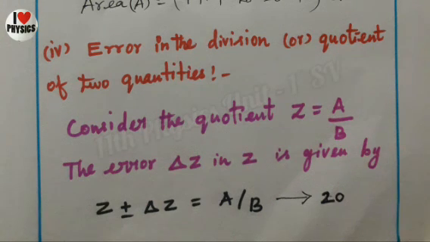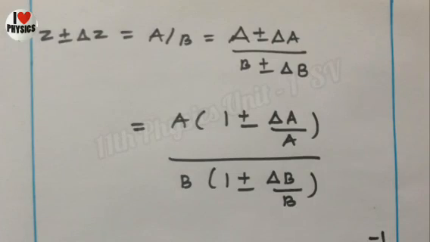Here consider the quotient Z equal to A divided by B. The error del Z in Z is given by Z plus or minus del Z equal to A divided by B. This is equation number 20.